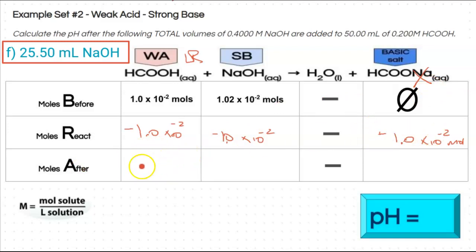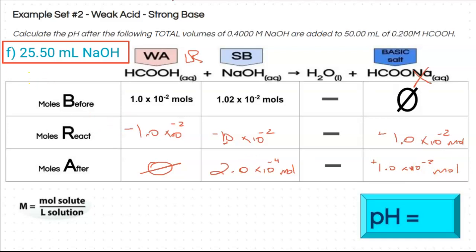But it's not going to matter a whole lot. Let me show you why. So after the reaction's completed, the acid that we started with is completely gone, and I have lost 1 × 10⁻² of the sodium hydroxide. That's going to leave me with 2.0 × 10⁻⁴ moles of my sodium hydroxide left, and I do form 1 × 10⁻² moles of my conjugate base.